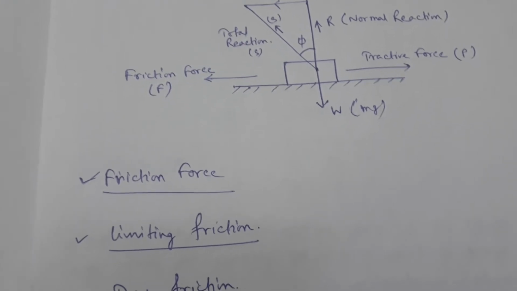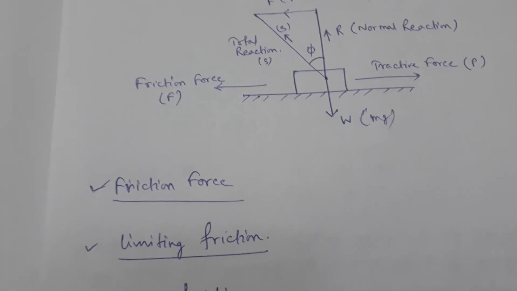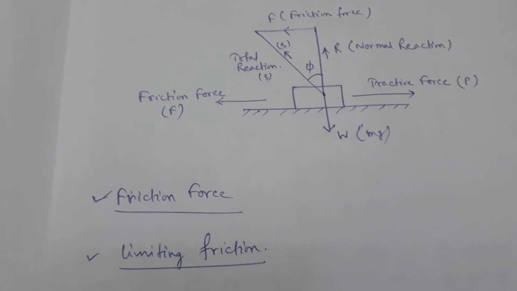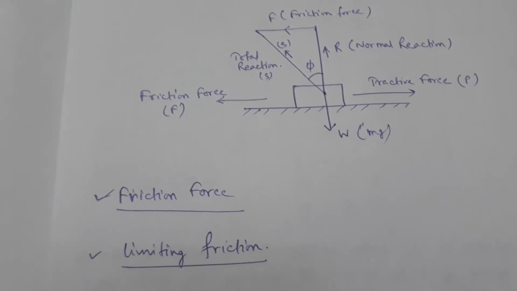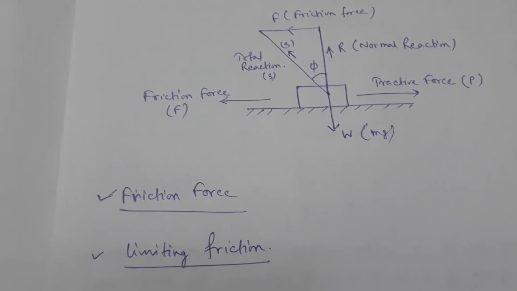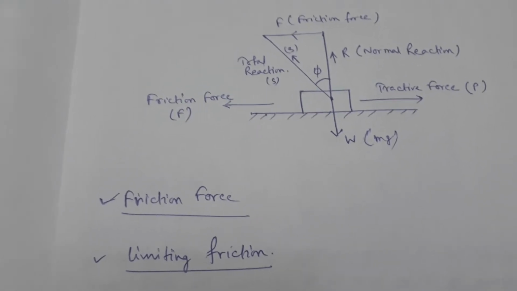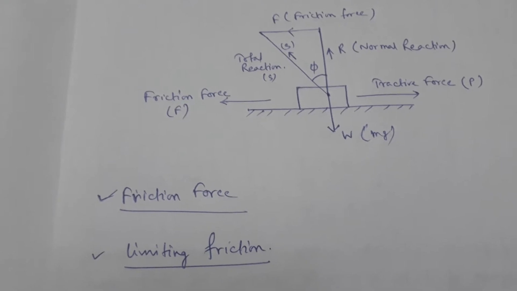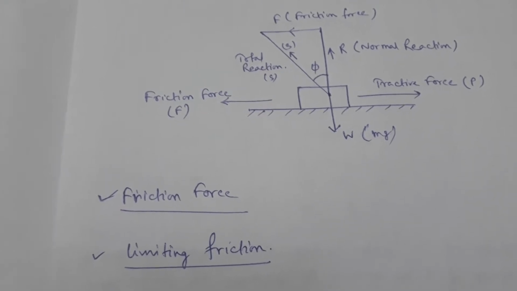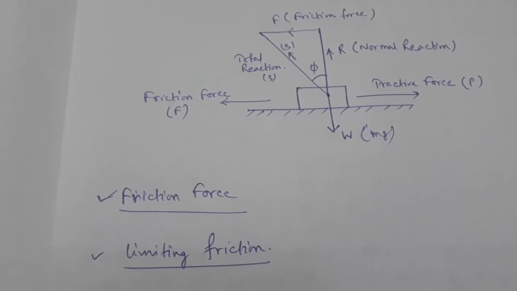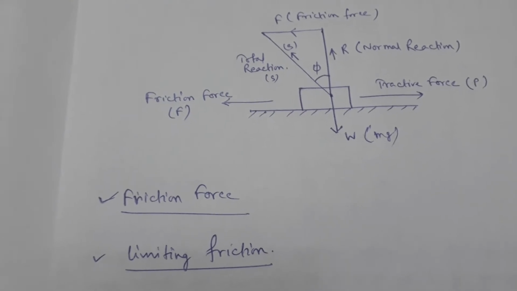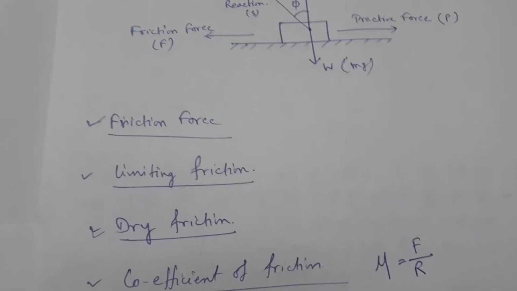Next is limiting friction. What is the definition of limiting friction? It is the maximum friction force at the time of impending motion, that is, when the motion is about to begin. When the motion of the block commences, the friction force drops to a somewhat lower value called the dynamic or kinetic friction.